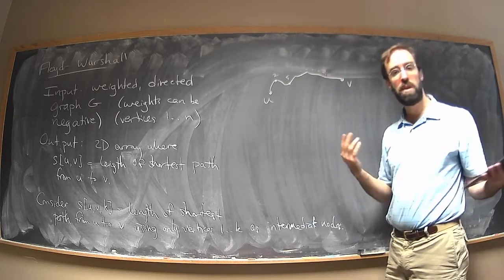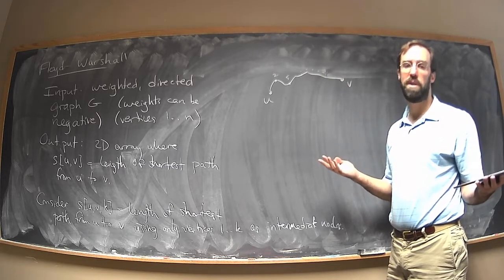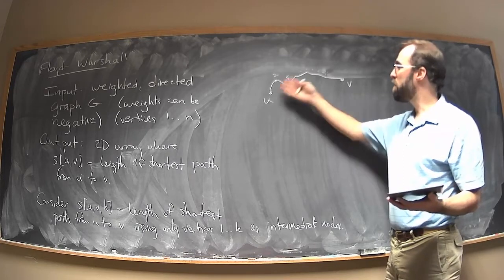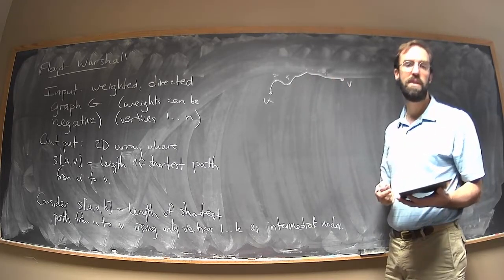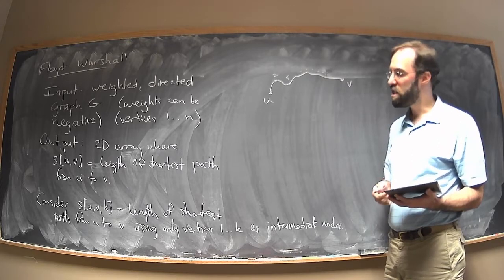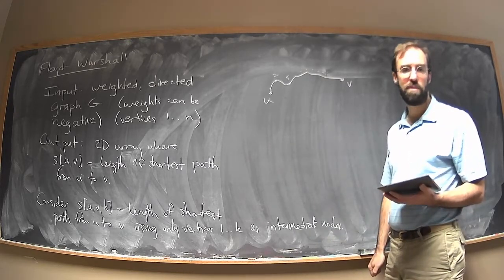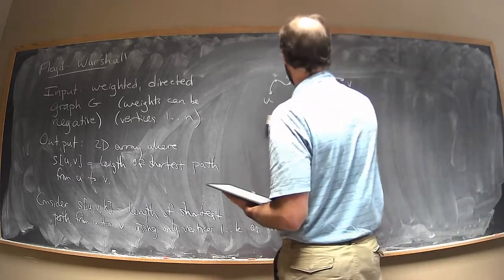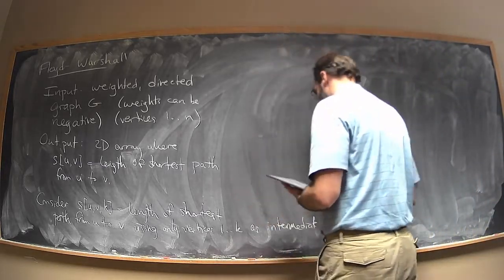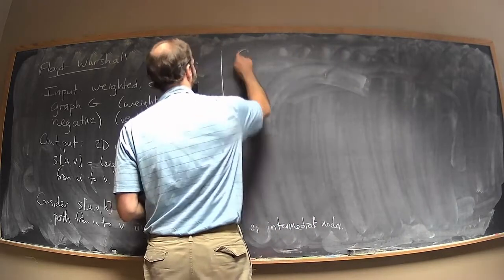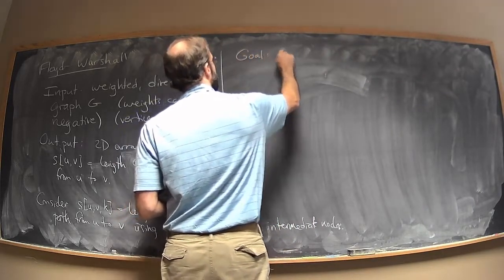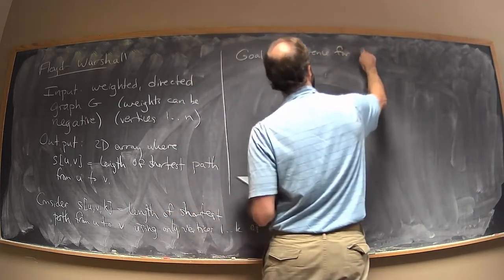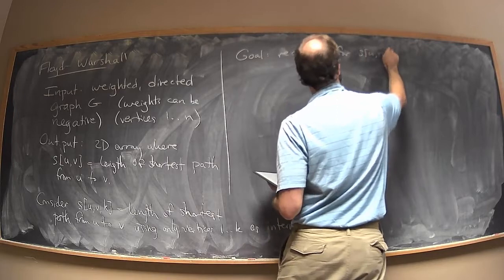It might not be the overall best. There might be some better path that goes through vertex k plus 1. But if I only allow myself to use vertices 1 through k, then what's the best I can do? And our goal is to come up with a recurrence for S U V K.